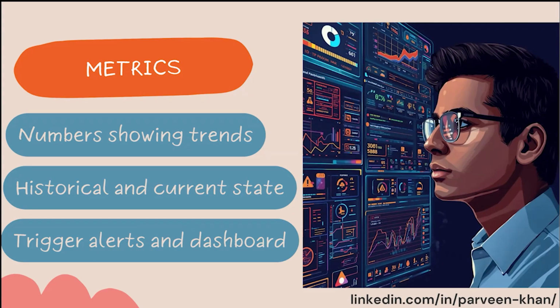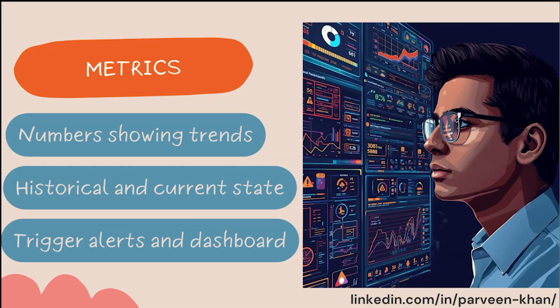For example, system metrics might show you memory usage, and application metrics could track requests per second or API error rates. A business metric could include how many users have logged in or signed up.